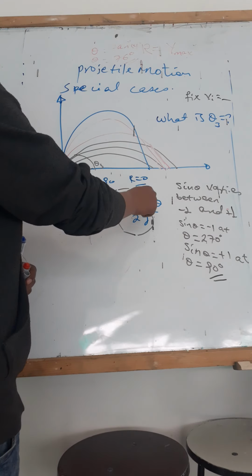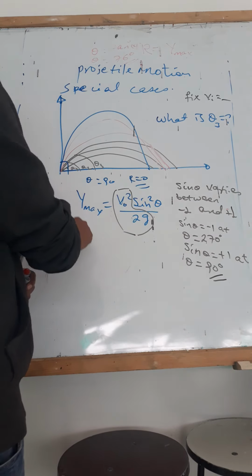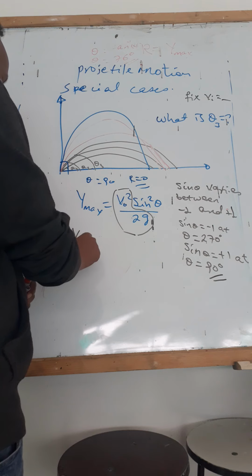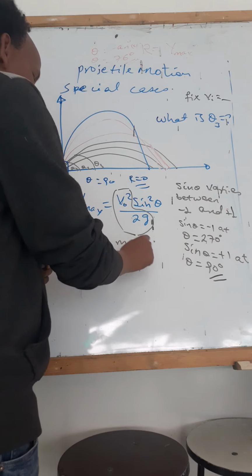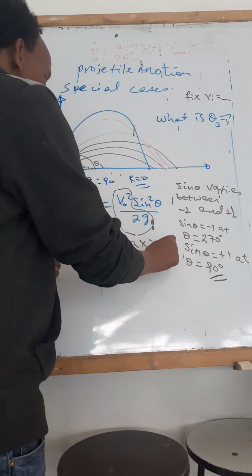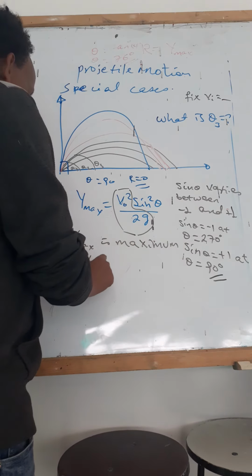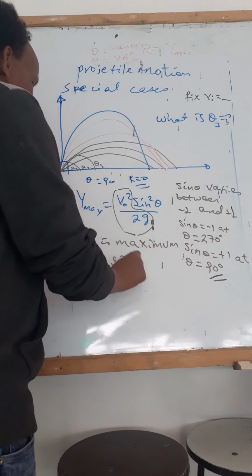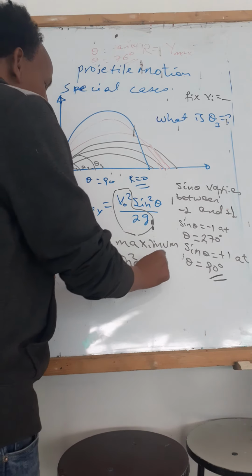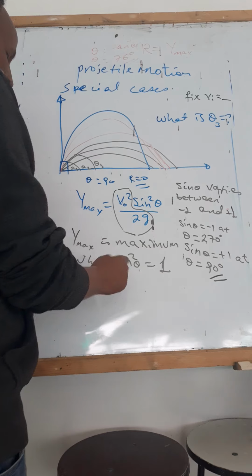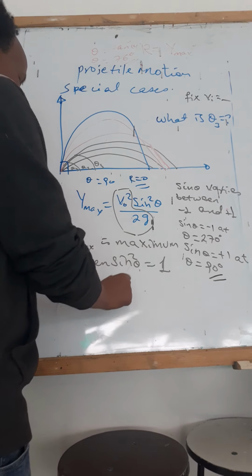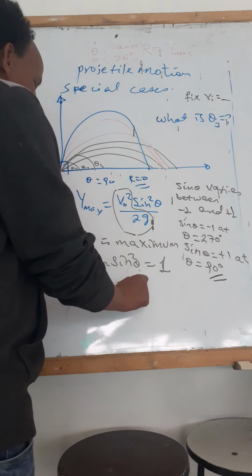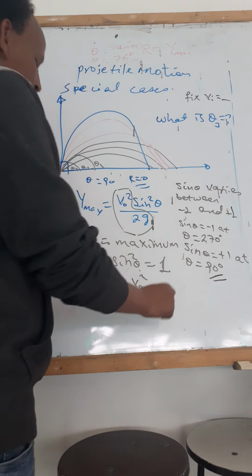The maximum value of sine theta is 1, basically meaning y max is maximum when sine square theta is 1, which means y max is v square over 2g.